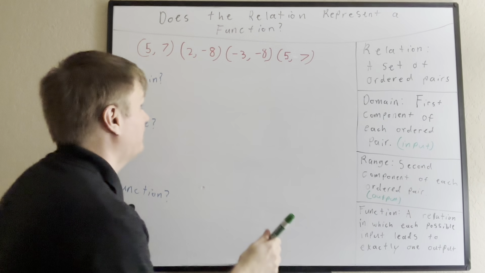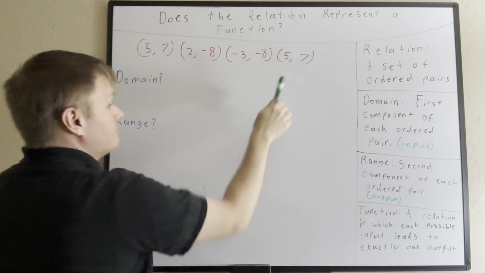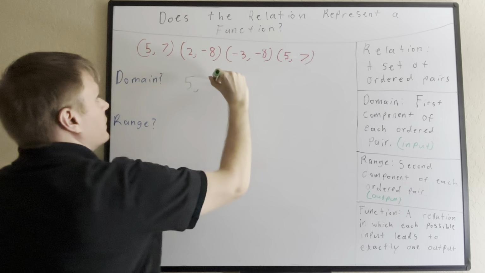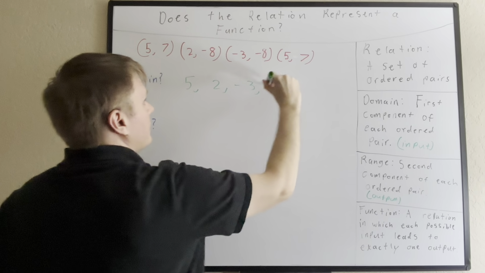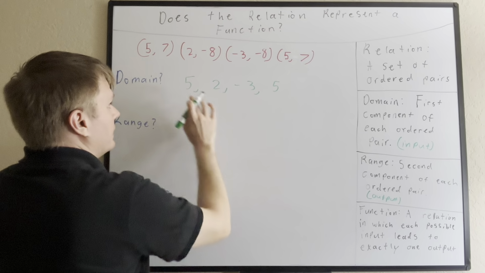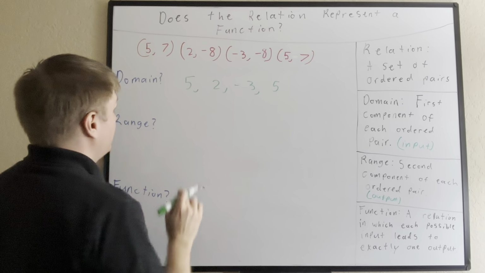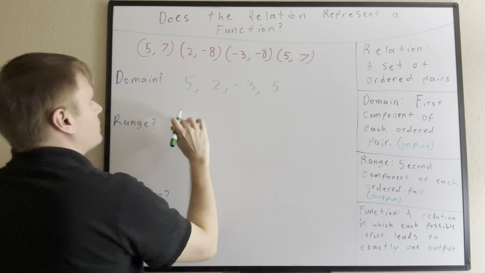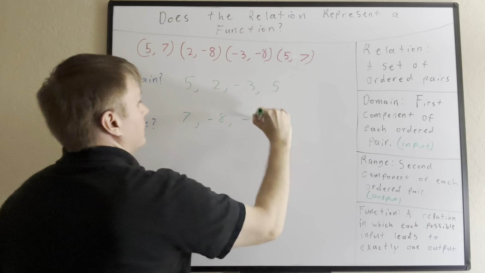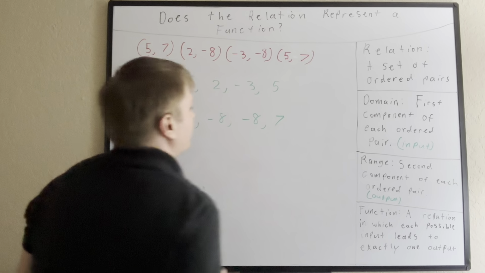All right, I got another example here. Another relation. What is our domain? Okay, 5, 2, -3, and 5 there. Okay, we have two inputs that are the same. Watch out. What is the range? 7, -8, -8, 7.